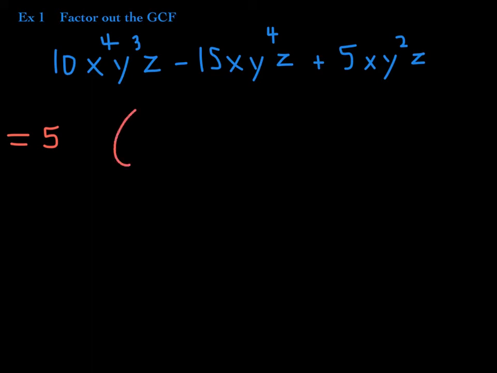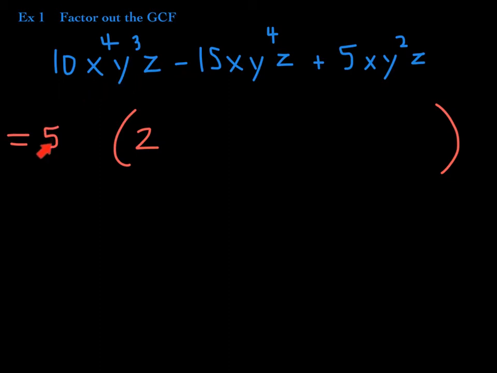All right. Now, this is how we fill the rest of this in. Now, I'm just focusing on the coefficients at the moment. 5 times what gives me 10? 5 times 2 gives me 10. So that goes there, okay? 5 times what is negative 15?